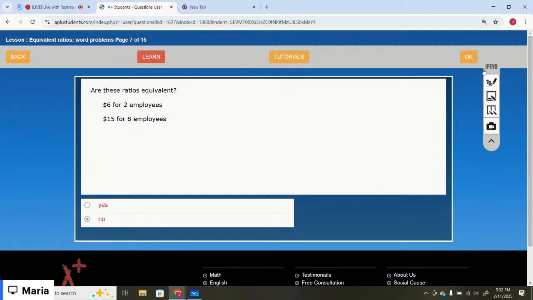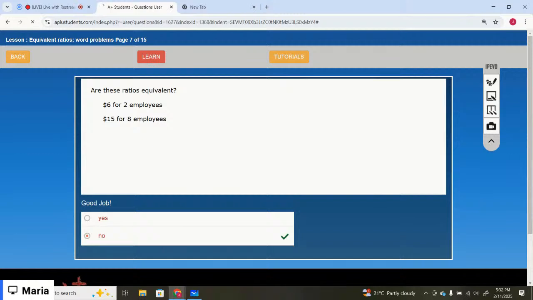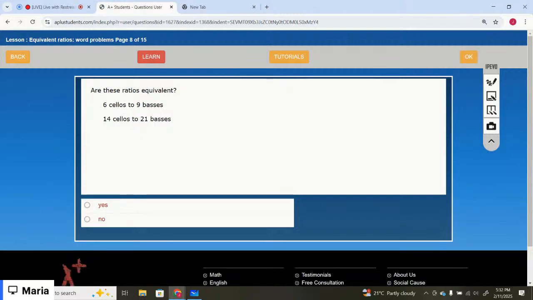No, they are not equivalent, right? Are these ratios equivalent? 16 to 9 and 14 to 21?